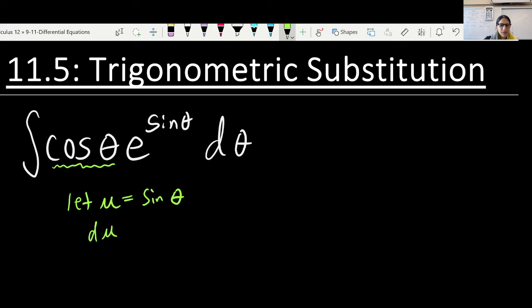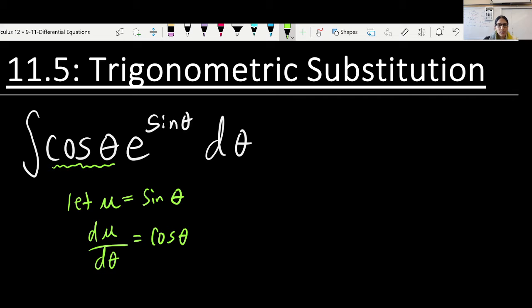So we would have du d theta, the derivative of u with respect to theta, because theta is embedded within the equation here. And we know that the derivative would be just cos theta when we work on that. Okay, and then we were working with substitution.